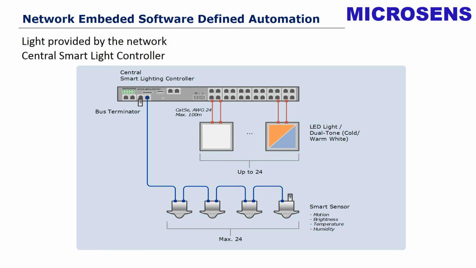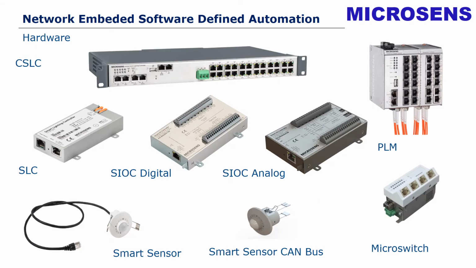And we have also RJ45 connectors to connect the sensors, which are responsible for catching motion, brightness, temperature and humidity in the building. So here you have a look at what our hardware looks like.